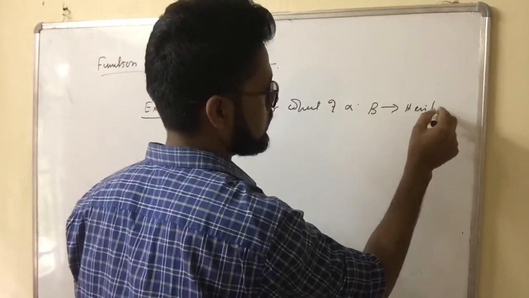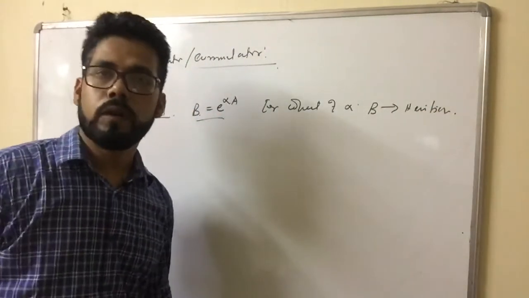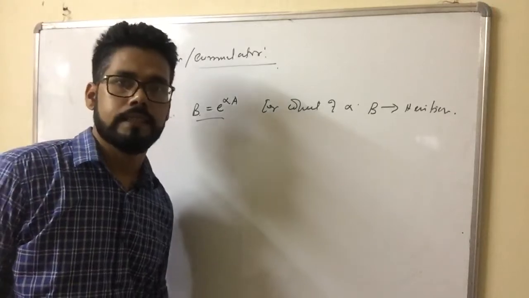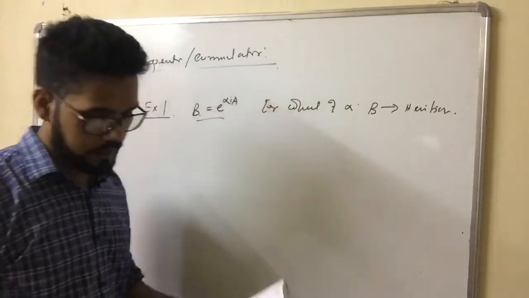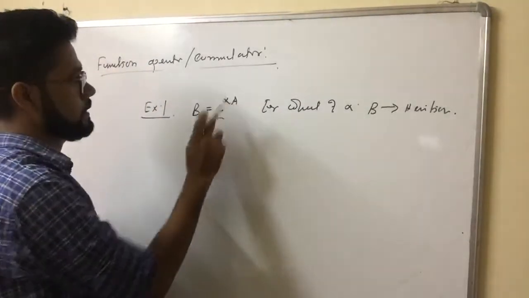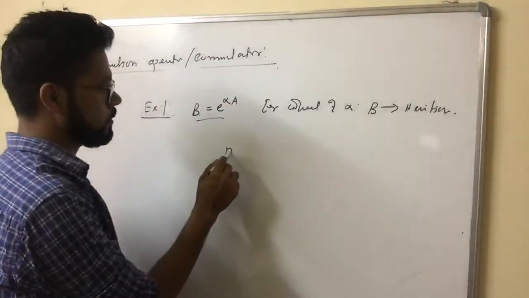Can you tell me? For what value of alpha will operator B be Hermitian?